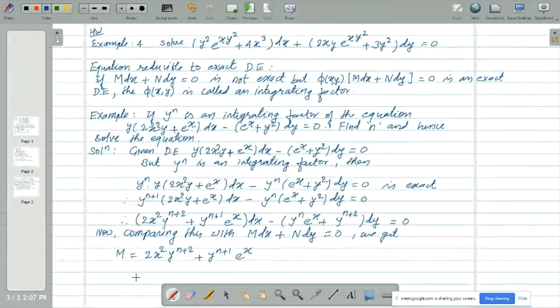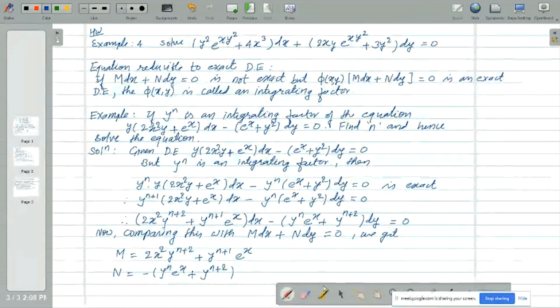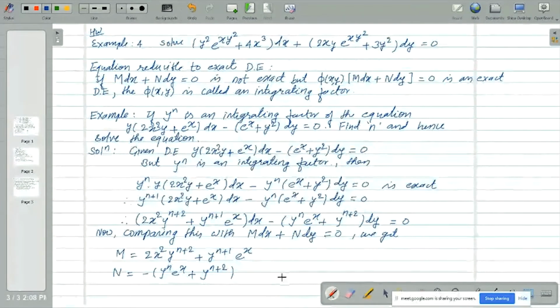This is M, and N will be, comparing the second part, minus of y raised to n e raised to x plus y raised to n plus 2. Are you getting this much? Yes, sir. Very simple.